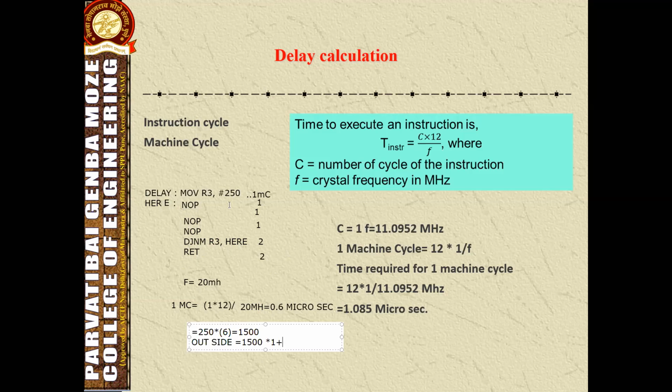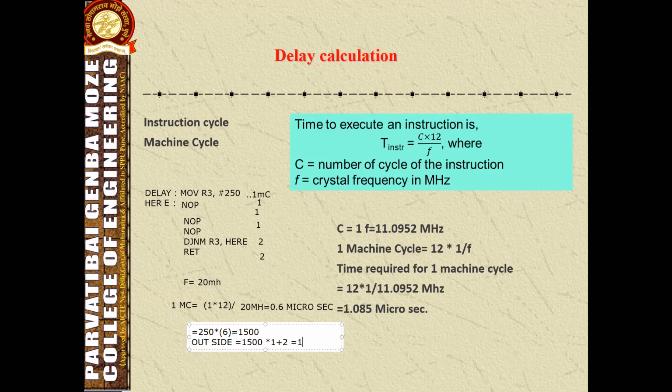This loop is starting from here, so it is repeated 250 times. 1, 2, 3, 4, 5, 6, and after 6 it will come again here. So 6 times it will take, 250 into 6. So in total the inside loop will be executed this many times. Then the outside instructions will be executed, and they will take 1 and 2, a total of 3 machine cycles.